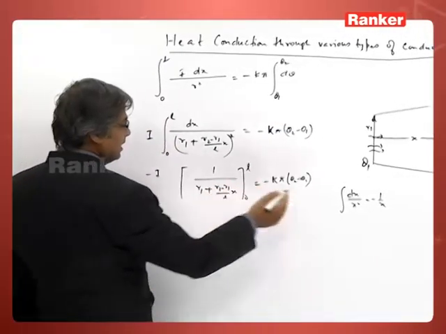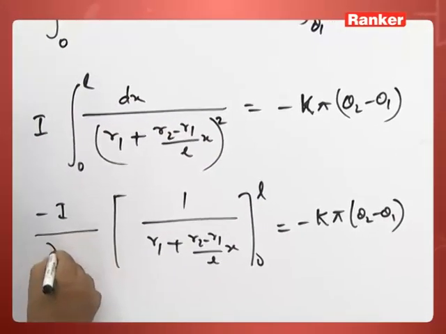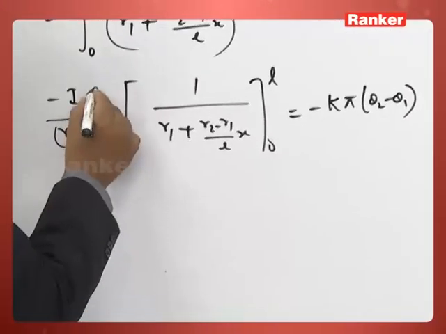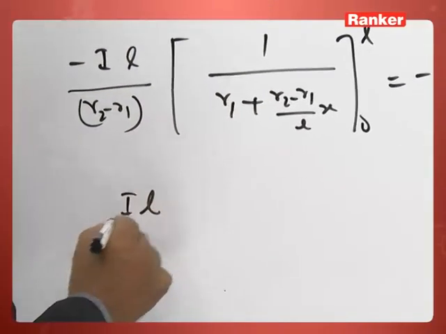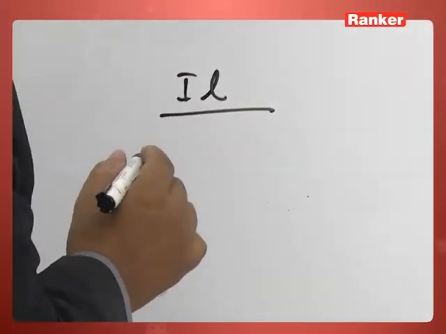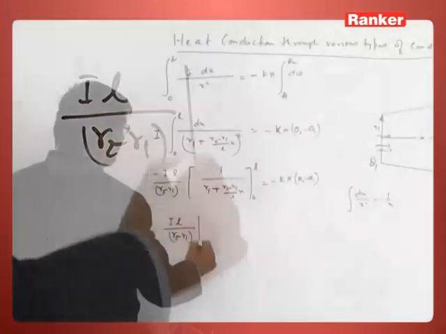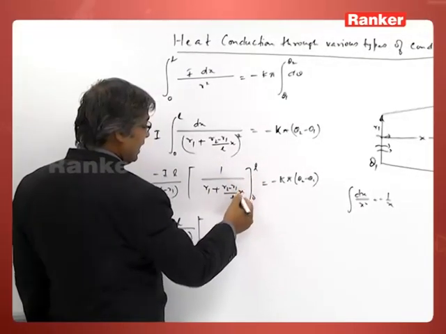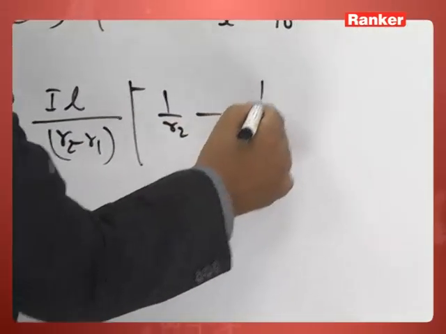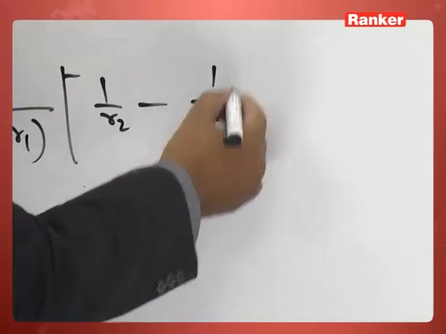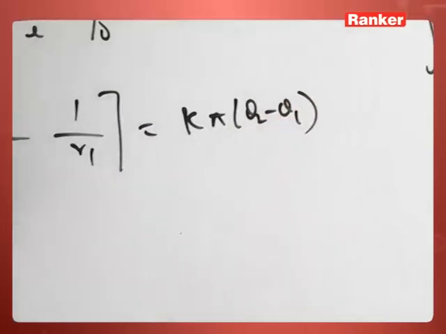Now, this is x square, but here there is a function of x, so its coefficient must be divided: r2 minus r1 by L. The minus minus cancels, I have I L by r2 minus r1. Then we first put L, L cancels, r1 cancels, I will have r2, then minus 1 by, we put 0, we will get r1, equals k pi theta 2 minus theta 1.